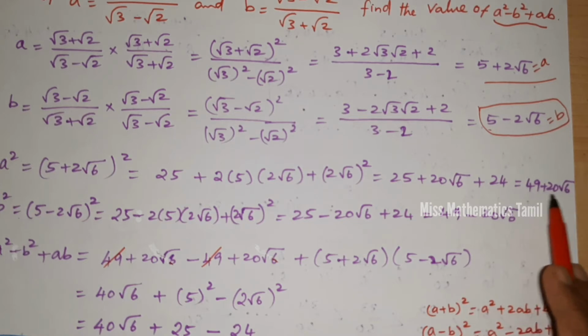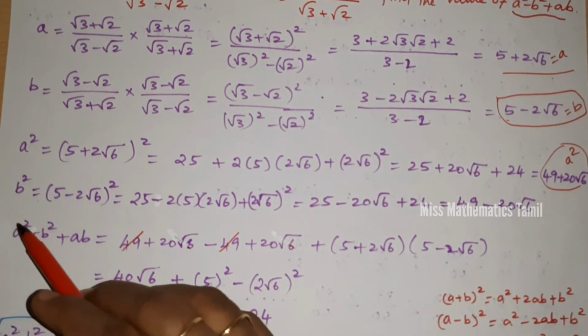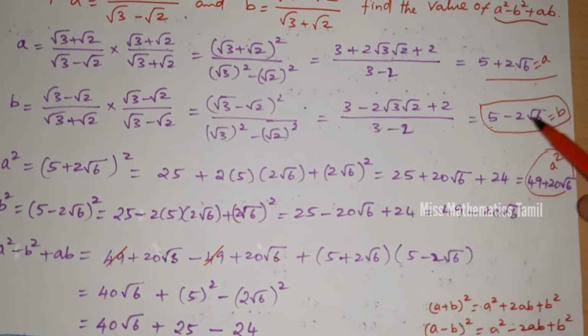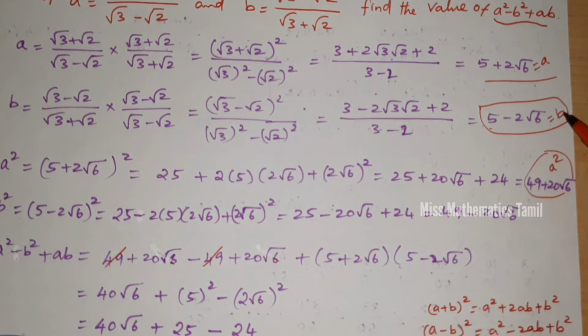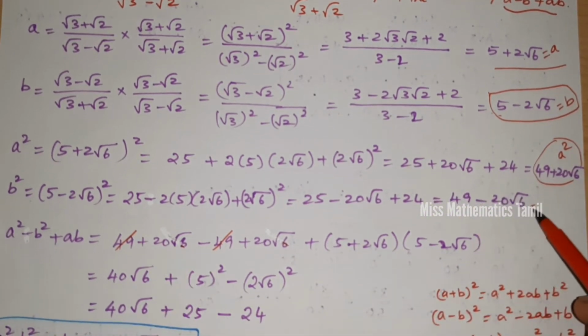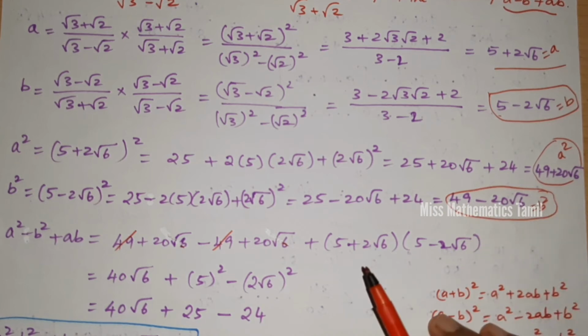Okay, this portion is a square. Next, the same way I am finding b square. We already found 5 minus 2 root 6 is equal to b, so I am squaring this number only, right? So finally here the b square answer we also get.